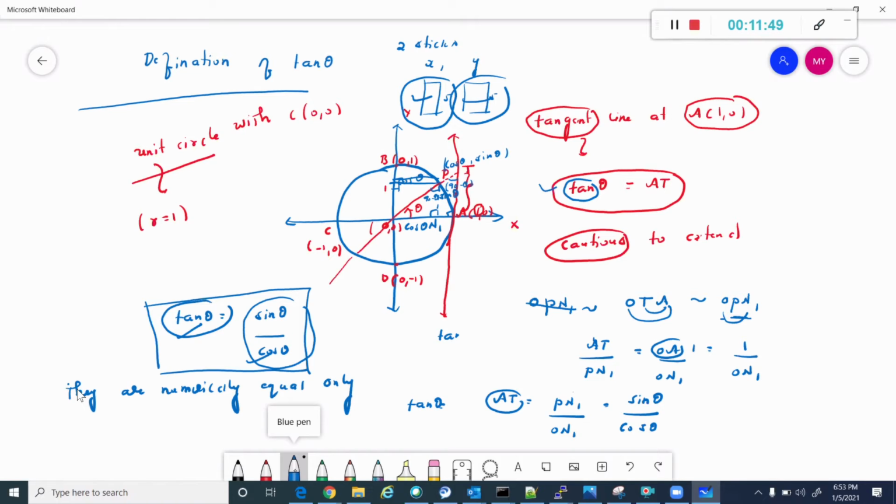Also, we said if theta goes from 0 to 90, tan theta increases. If you see this figure, this length is getting increased. By the definition, tan 0 degrees: if the point is at A only, the distance to A is 0, that is 0 degrees, 0 units.